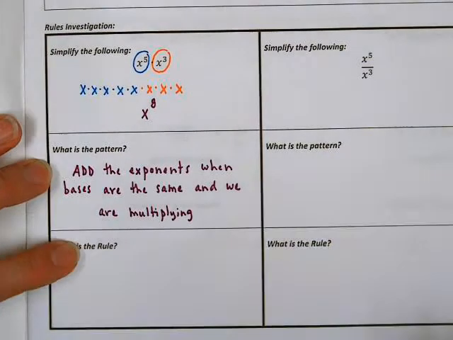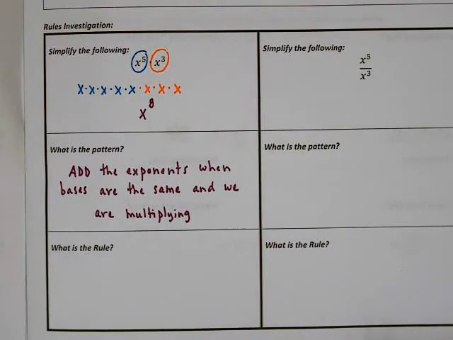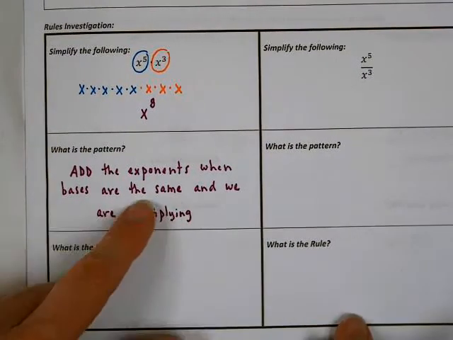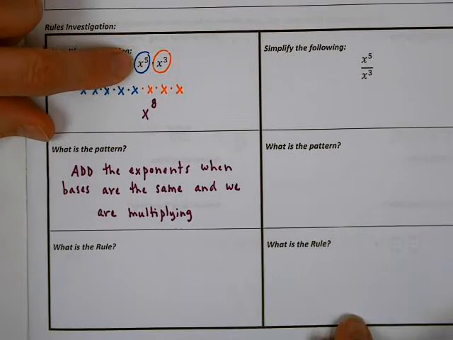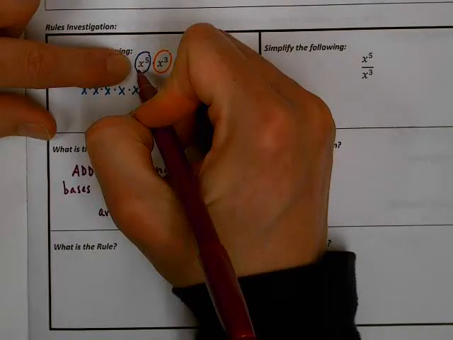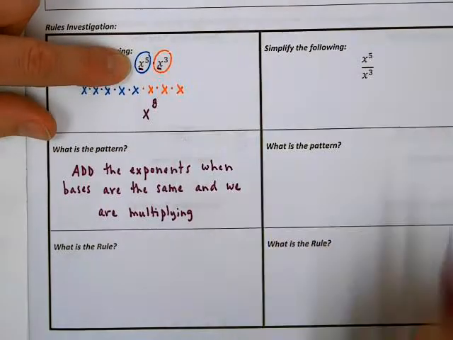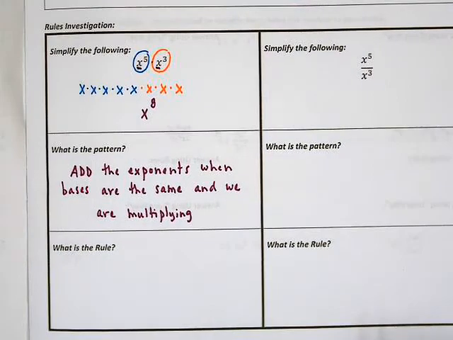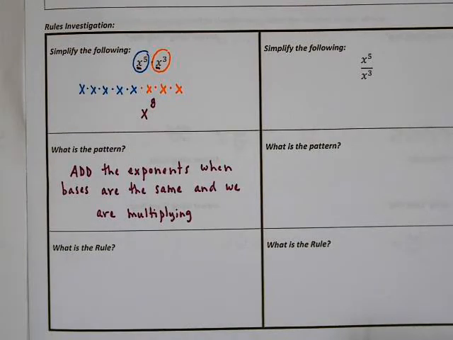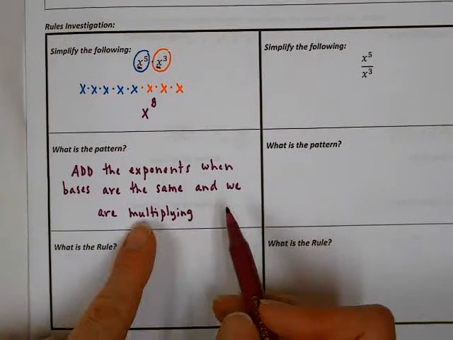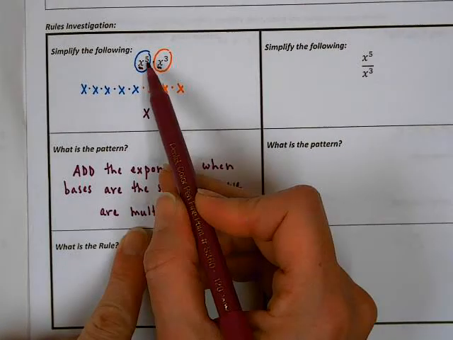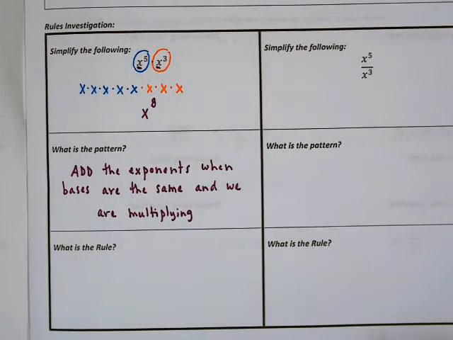There's a few key things here. Notice we said when the bases are the same. The only reason we could add is because the base here was an x and the base here was an x. If those bases were different, we couldn't just add up the exponents. And again, this rule applies when we're multiplying because we had x to the 5th times x cubed.